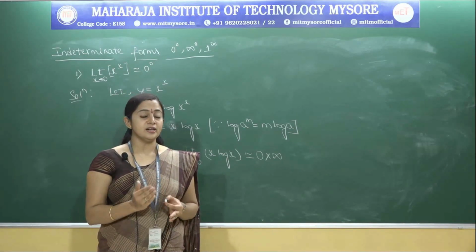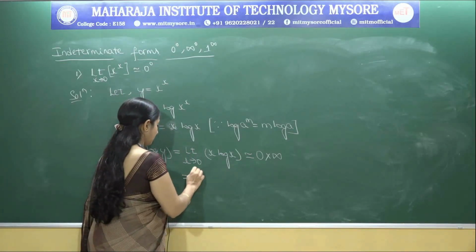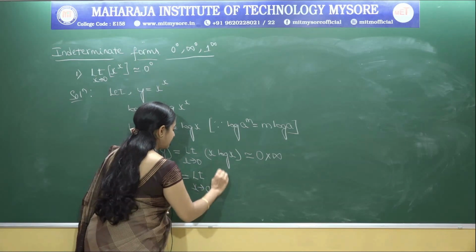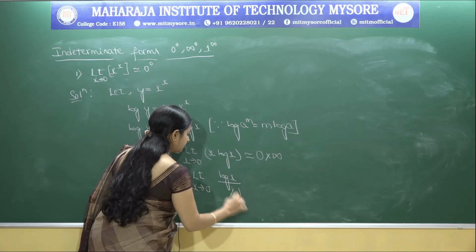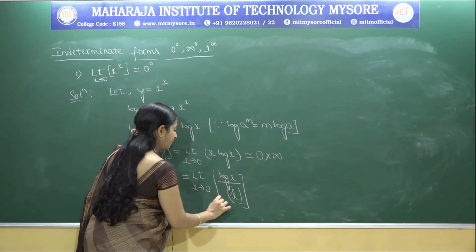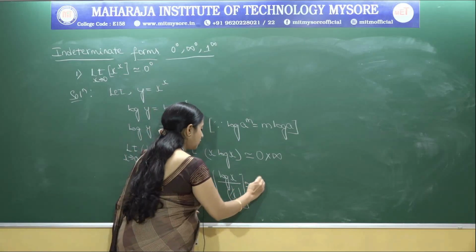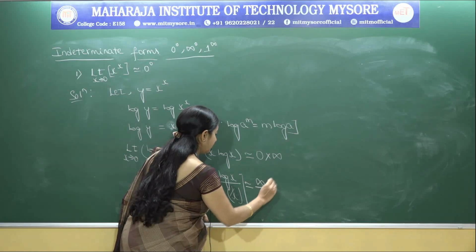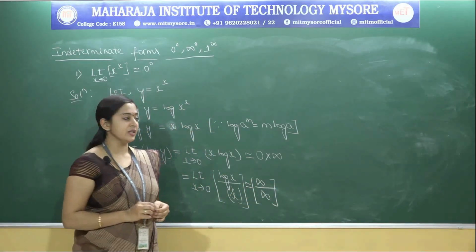Then convert into standard indeterminate using the previous problem. You can write this term as log x divided by 1 by x. So the function takes the form: log 0 is infinity, denominator 1 by 0 is infinity. So it is infinity divided by infinity.